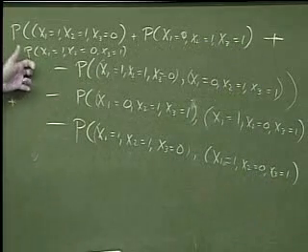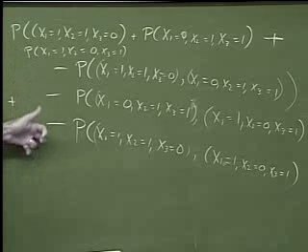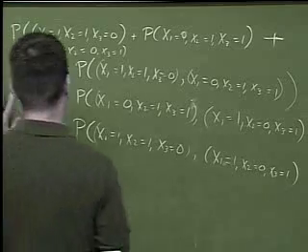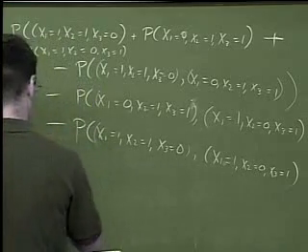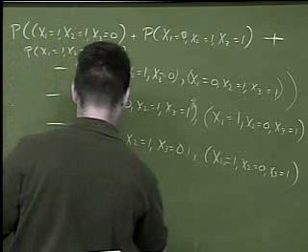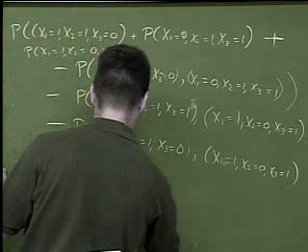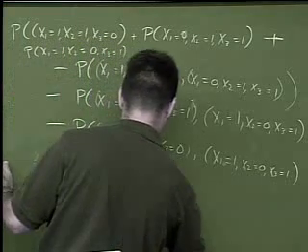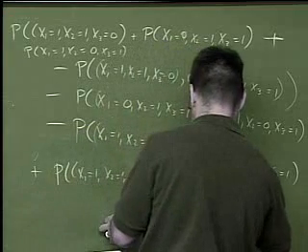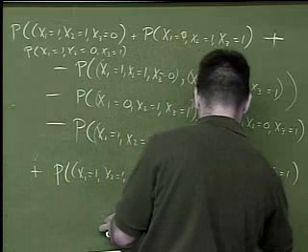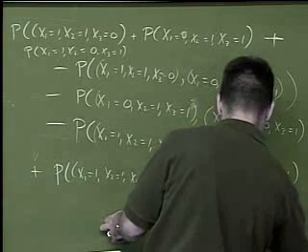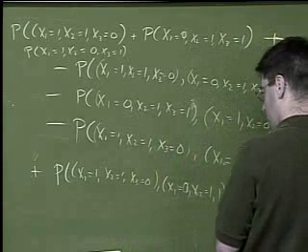This is A or B, A and B, A and C, B and C, or in some other order. And then again, plus the whole thing: x1 equals 1, x2 equals 1, x3 equals 0, x1 equals 1, x2 equals 0, x3 equals 1.